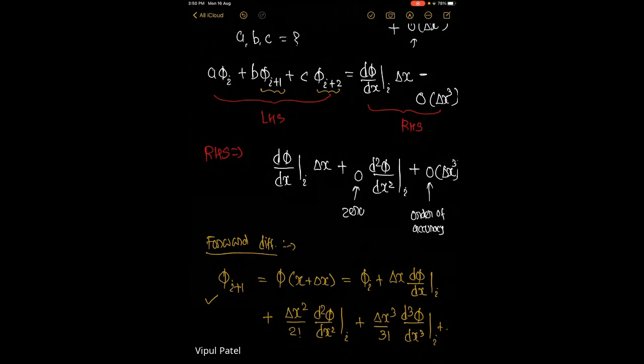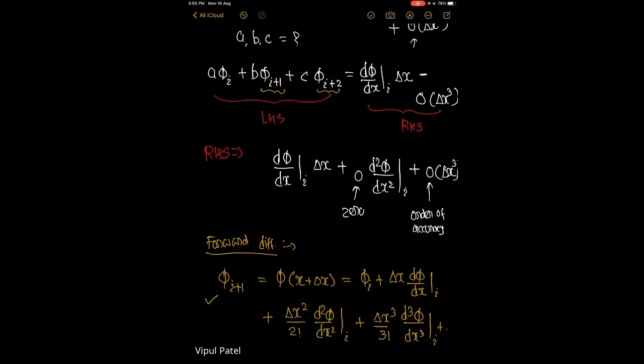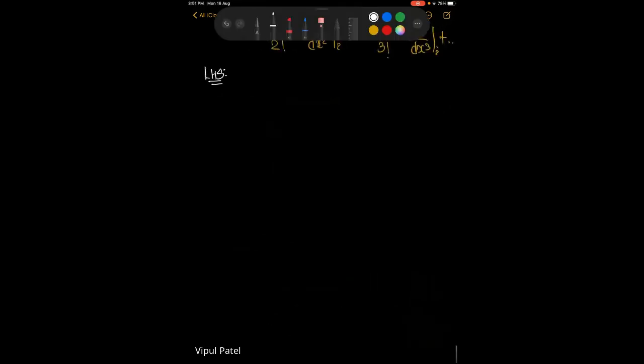Okay. So my left hand side term will become something like this. The term phi I will remain as it is, right? Now I'll replace the terms which are associated with phi I plus 1. Okay, so all those terms will be multiplied by b, right? So whenever you see any terms which have a coefficient b, that means they are coming from the expression of phi I plus 1.